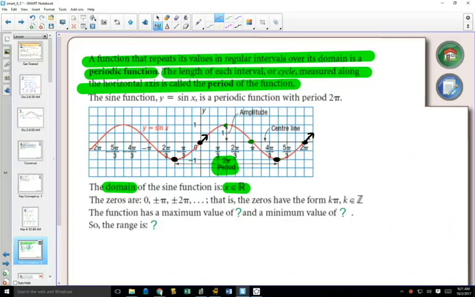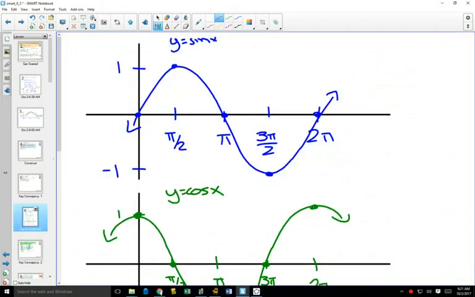How do we write all of the x-intercepts, or all of the zeros, of sine? So sometimes it's easier to go back to our original graph here. Can you see that you have a 0 here, here, here? What's the next one going to be? What's the value of the next one going to be? 3 pi.